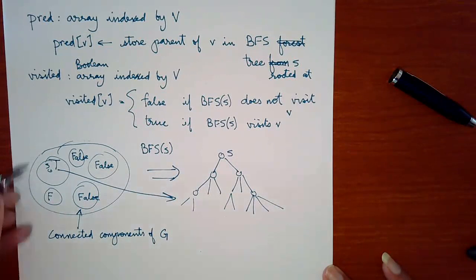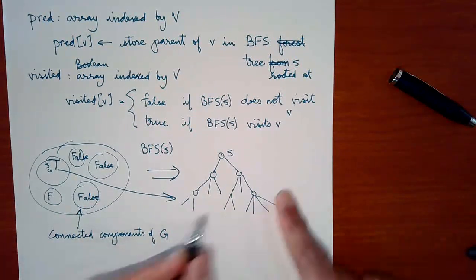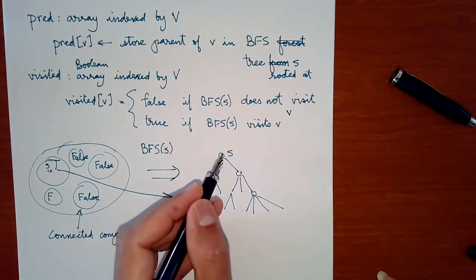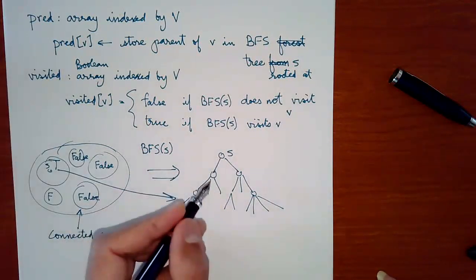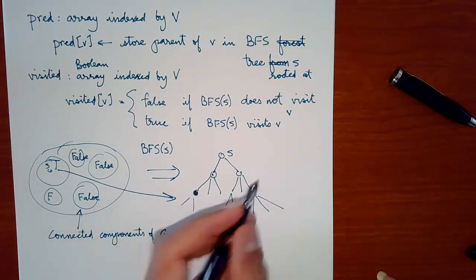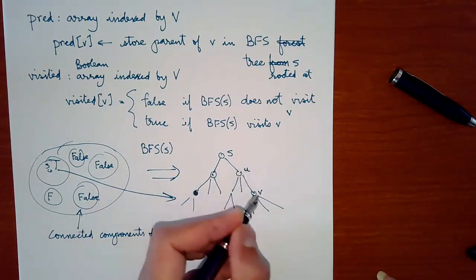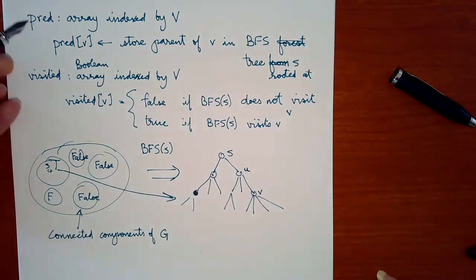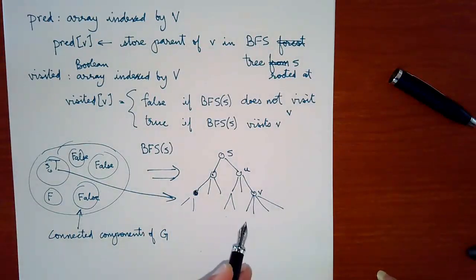It is going to be true on everything in the connected component, and the output is a tree rooted at S, and predecessor is just going to denote the parent. So for any vertex here, predecessor is that parent. For this vertex V, the predecessor is going to be U, the predecessor of U is S, and so on and so forth. The output of BFS S is this tree.